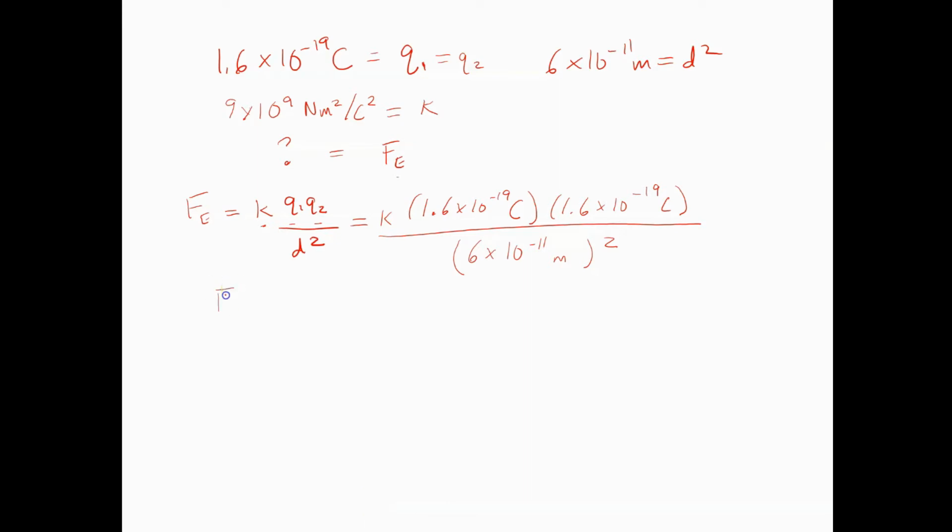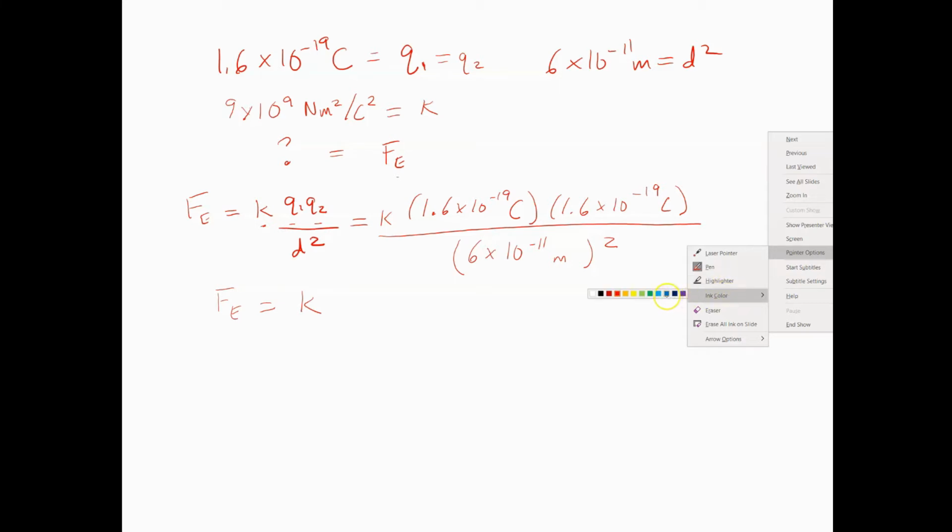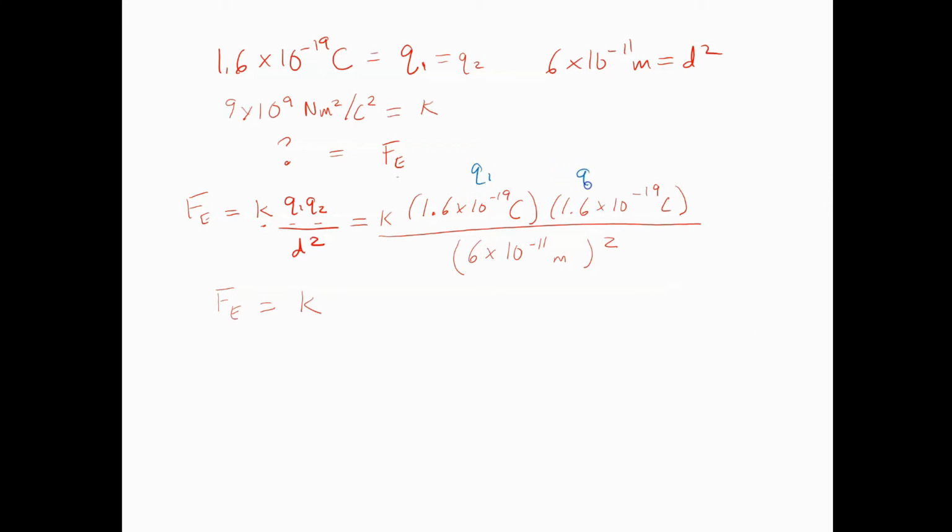All right, my electrostatic force is equal to the K. Now what I'm going to do is square the charges. We've been saying square the distance, but we square the charges because the charges are the same value. This is Q1 times Q2, so it's really Q squared. 1.6 times 1.6. 6 times 6 is 36.